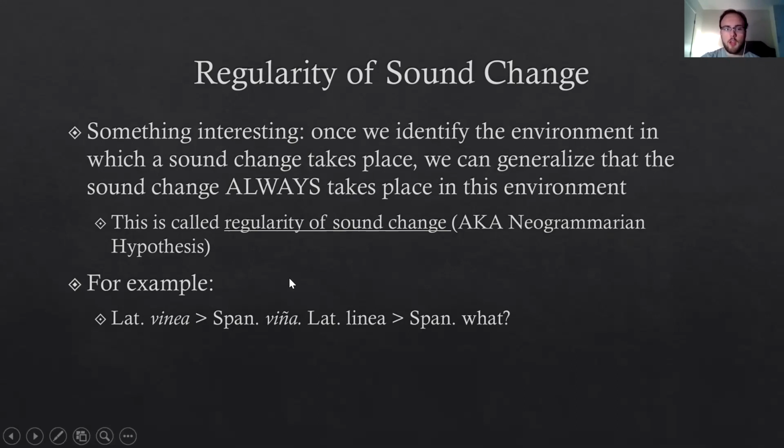So, for example, we know that this sound change, where "inea" becomes, from Latin into Spanish, "ina": winea becoming Spanish viña. So I have a question for you. If we have a Latin "linea," written and pronounced as such, according to the principle of regularity of sound change, how might we expect this to be pronounced or written in modern Spanish?